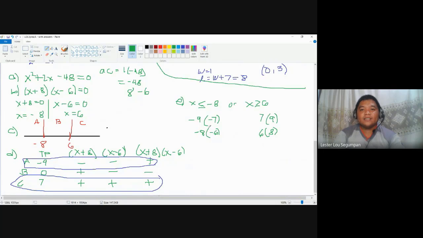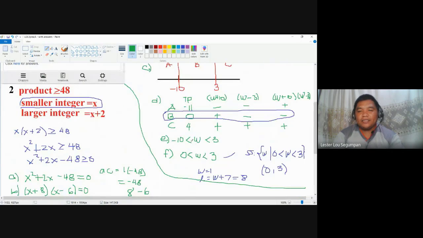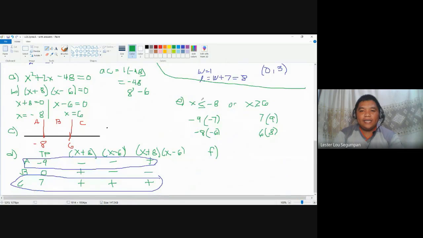But of course, similar to earlier, we will add another situation. This situation, same as earlier, may trim down the possible values. Earlier, x is less than or equal to -8, x is greater than or equal to 6. These are already the possible solutions for our problem. But in the given problem, let's go back.